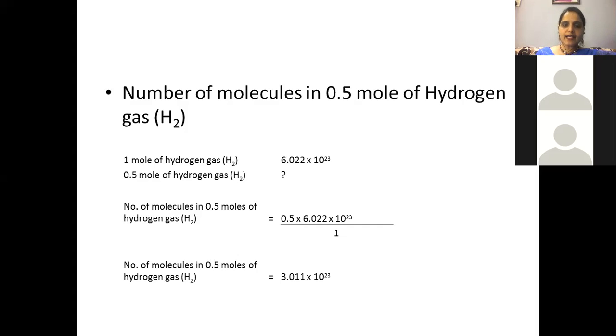Once you carry out this multiplication of 6.022 into 0.5, the answer that we get is 3.011 into 10 raised to 23. So the number of molecules in 0.5 moles of hydrogen gas is 3.011 into 10 raised to 23.